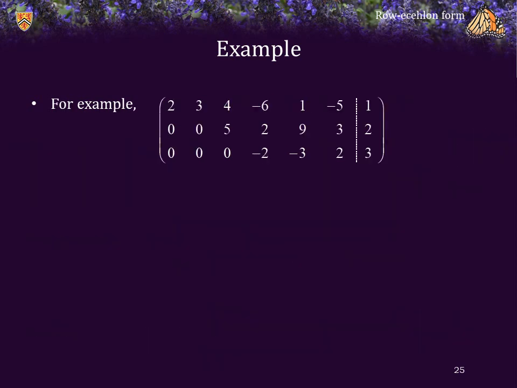As a slightly more complex example, consider this augmented matrix that represents a system of 3 linear equations in 6 unknowns. The augmented matrix is in row echelon form, and as we can see, there are 3 leading non-zero entries associated with columns 1, 3, and 4.